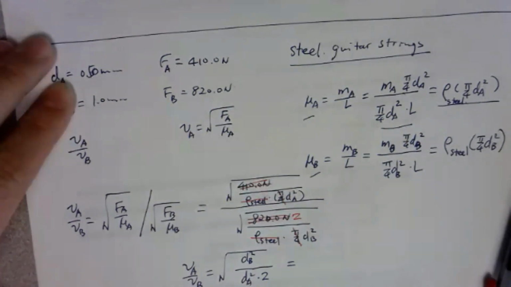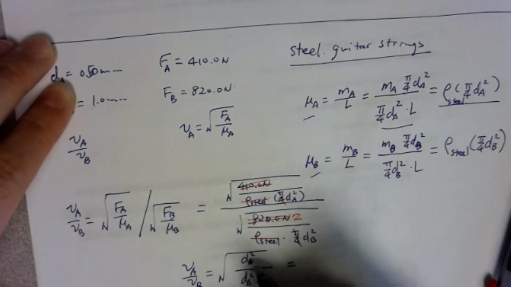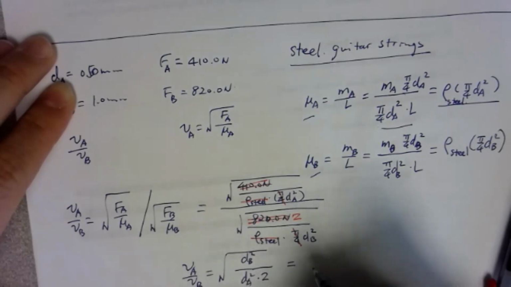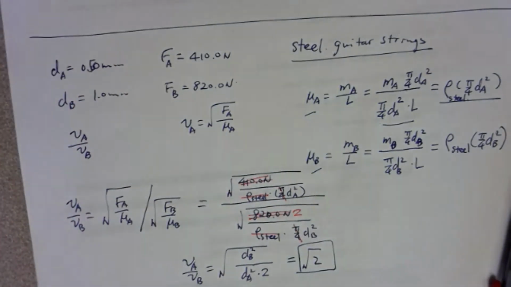All right. Now we can take a look at dB and dA. So dA is 0.5, dB is actually 1. Okay, so 1 over 0.5 gives you 2, right? 2 squared divided by 2. So that means 4 divided by 2, right? So that gives you the square root of 2, okay? That's your result. Okay, so VA is the square root of 2 times VB then.